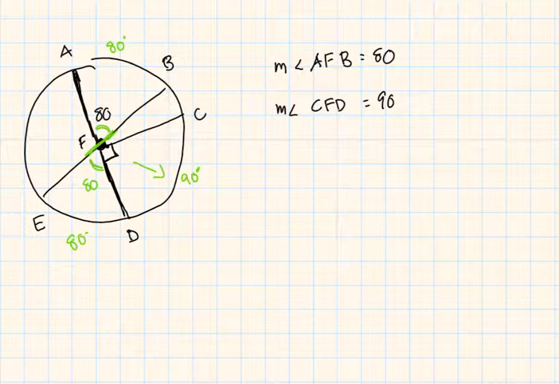And then we need to find what arc BC is. We do that by 180 degrees minus the sum of 80 plus 90.